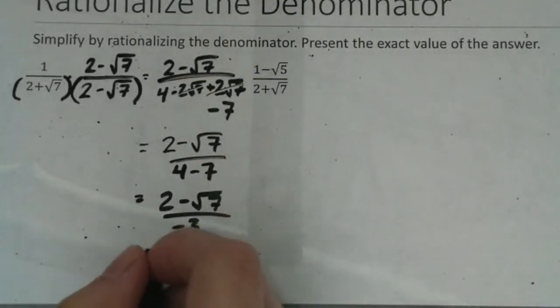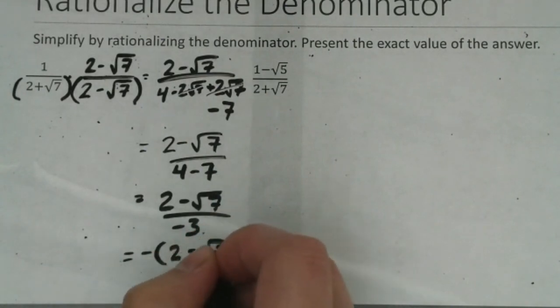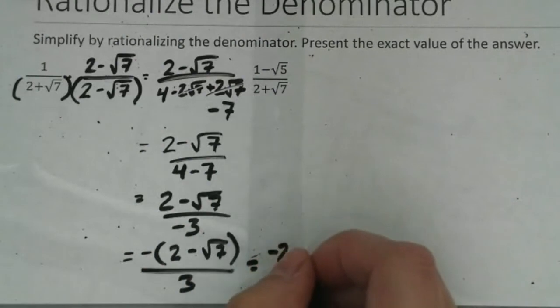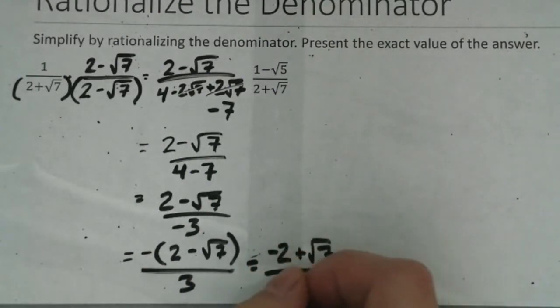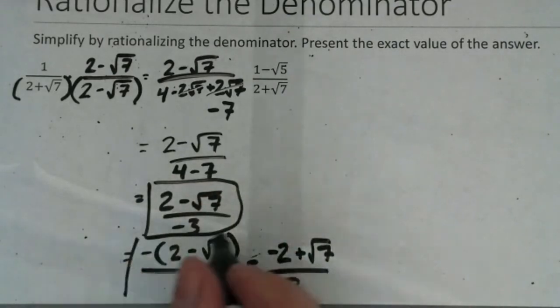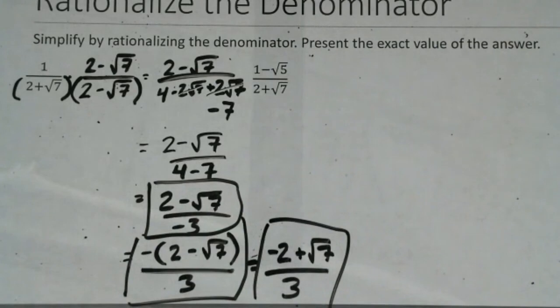Just make sure if you do so that it gets distributed to the numerator. So that way it would be negative 2 plus the square root of 7 over a positive 3. This answer is okay, this answer is okay, this answer is okay. They are all perfectly equal and perfectly wonderful.